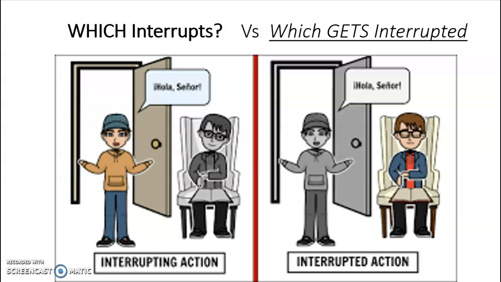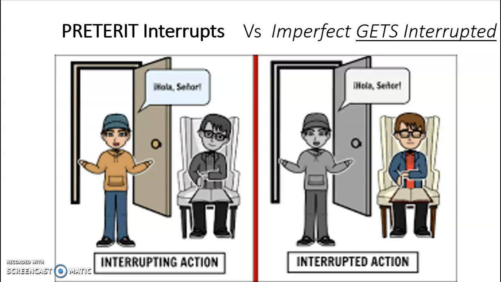The question you have is which of those is doing the interrupting and which of those is being interrupted? And the answer is it's the preterite that interrupts. It's the single action that comes in and interrupts the thing that's stretching out over time, much like you saw in the timeline.